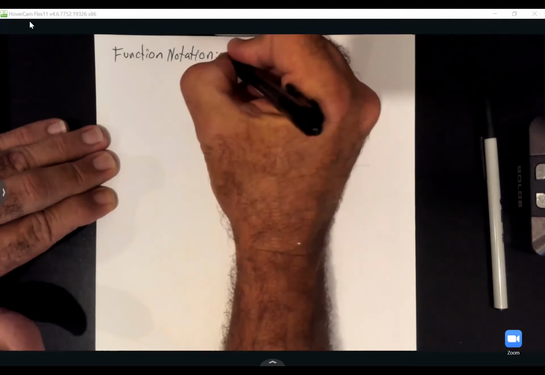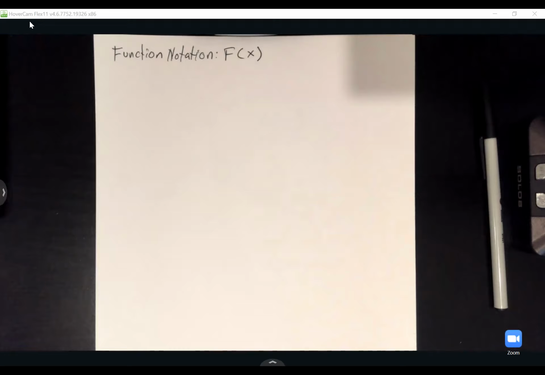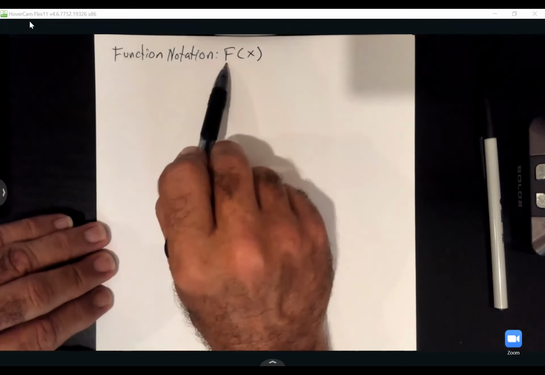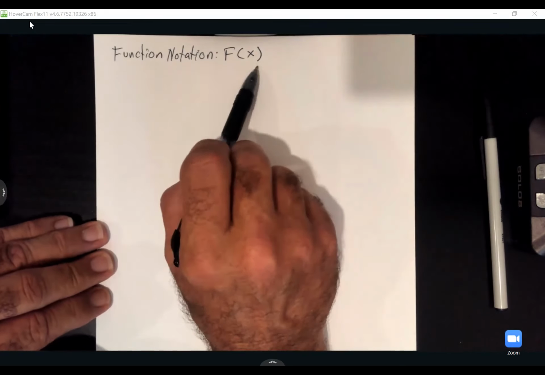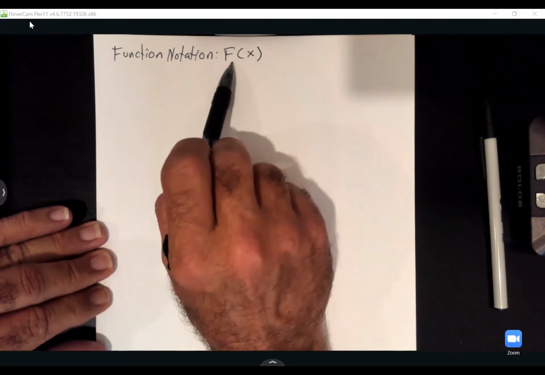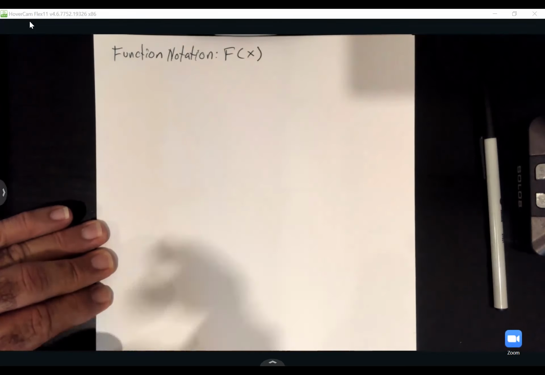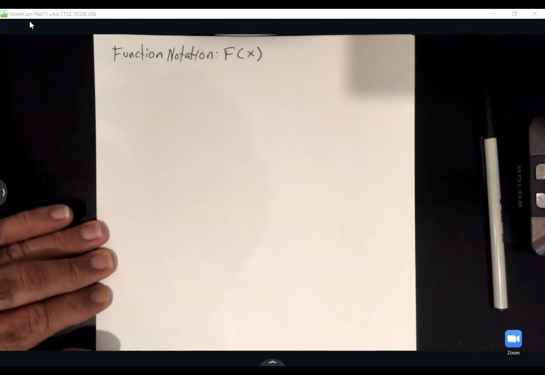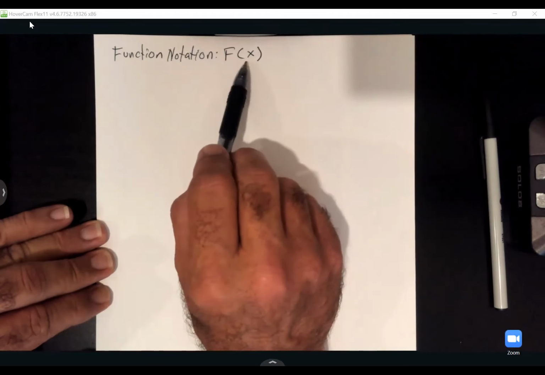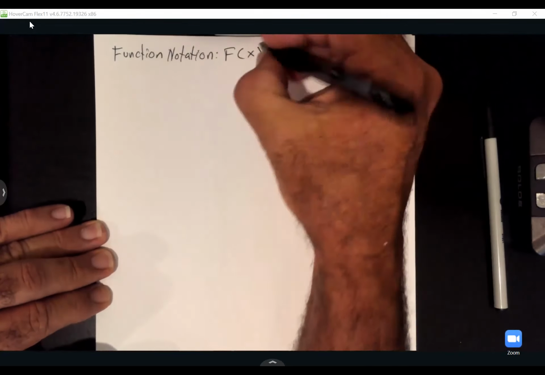Function notation is the f of x stuff. So this f of x, it could be a g of x, t of x, it could be anything. Usually in math, we use f of x's, but when you hit the science classes, or finance, like I was doing that paycheck stuff a while ago, they might call that a p of x to represent your pay, okay? So this is function notation.